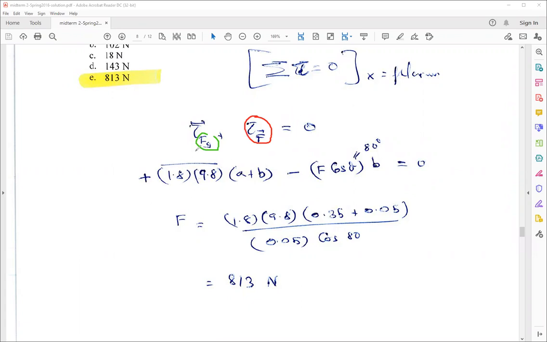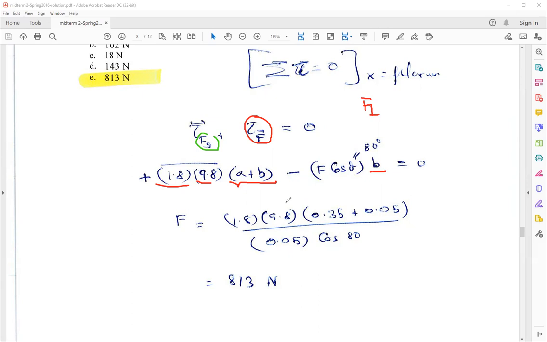So the load is at a distance A plus B. Now this is the load again. So we have mass 1.8 times gravity 9.8, minus force times cosine. Remember, it's the perpendicular component of force that is causing the torque in this case. So magnitude of force times cosine of the angle 80 degrees times beta equals 0.